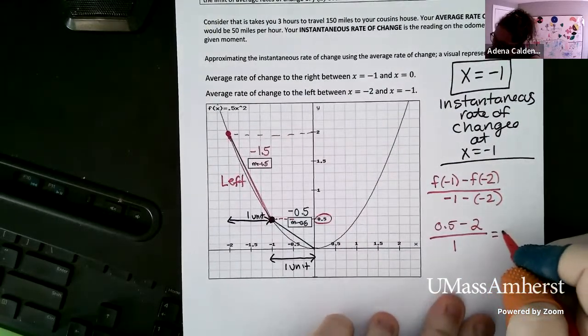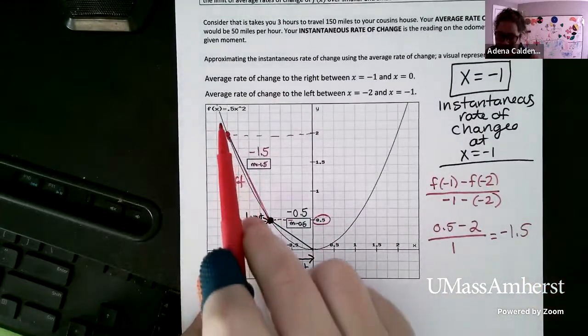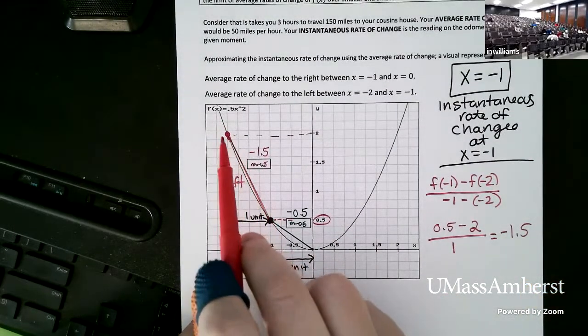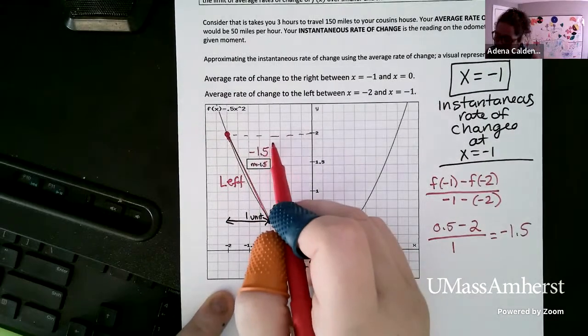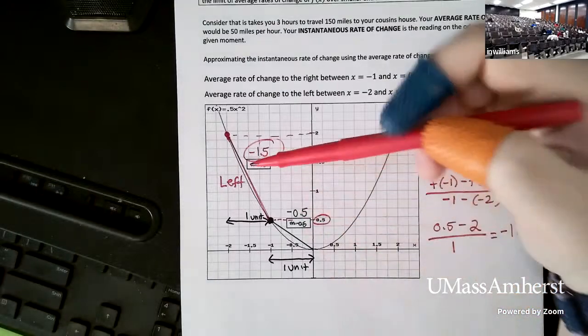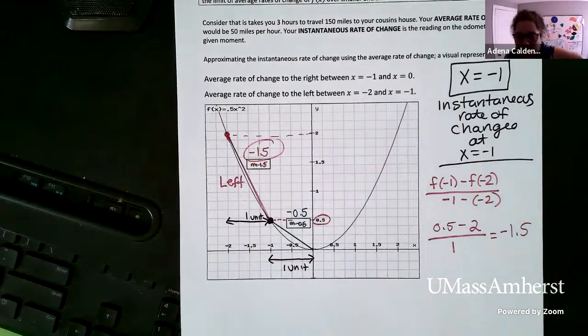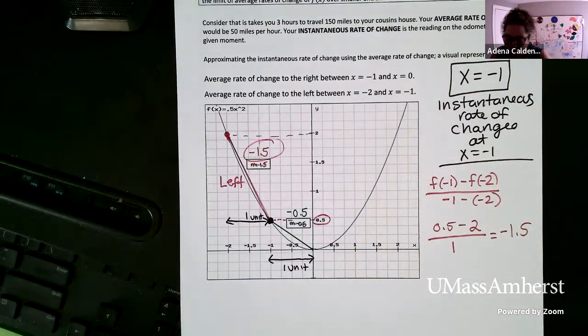And this gives me my -1.5. So the slope of this secant line, which is the average rate of change to the left, is -1.5. Okay, I was expecting it to be negative because this line is downward sloping, and so I knew the slope had to be negative. Now I do the same thing to the right.